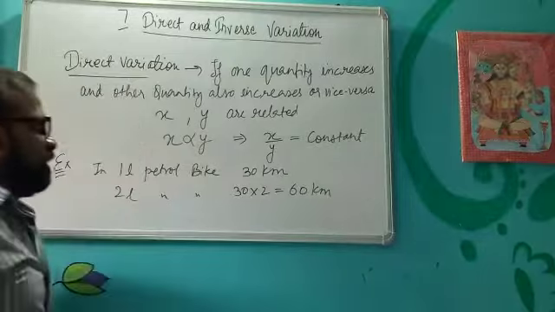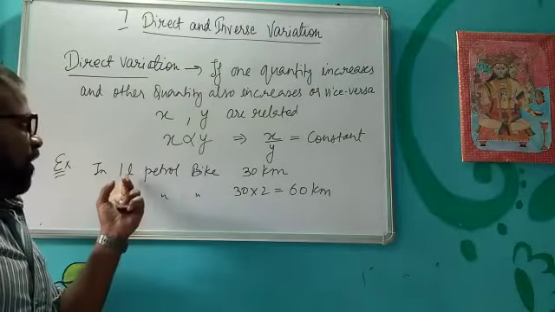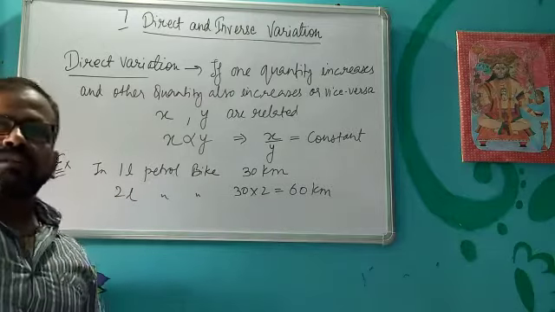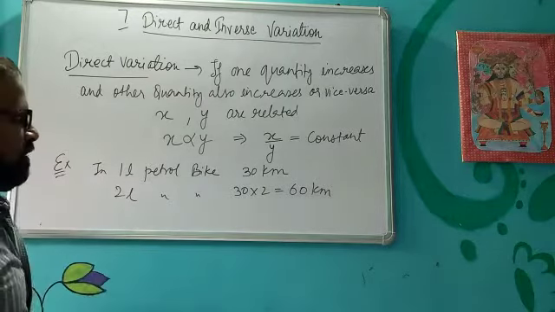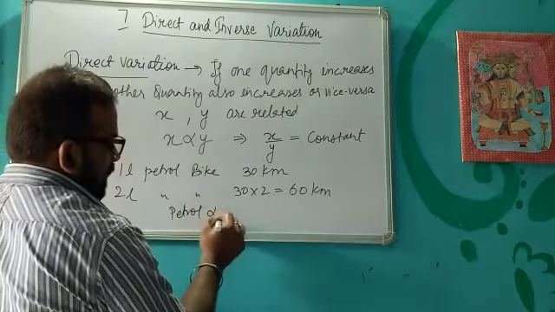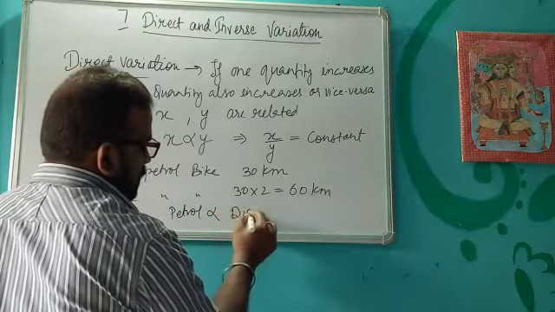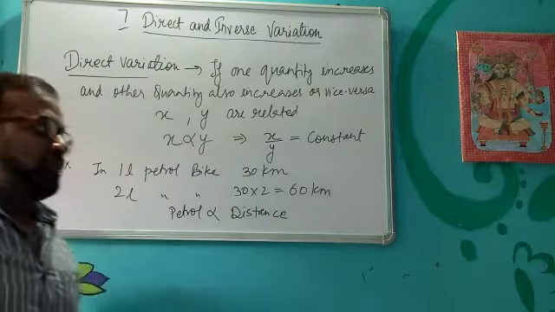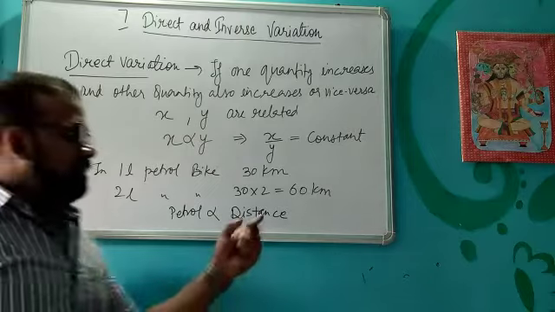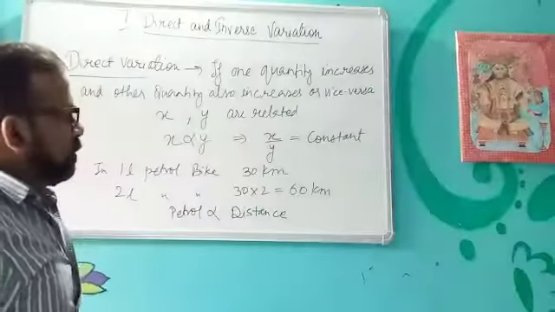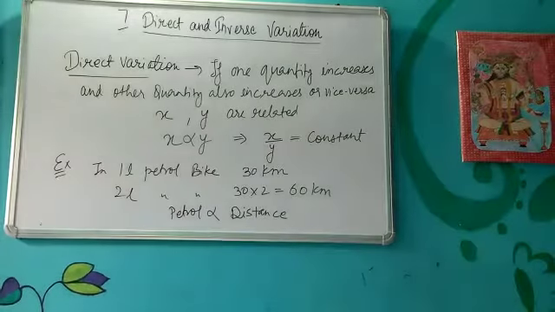So on increasing the petrol, the kilometers covered by the bike increases. So we can say that the liters of petrol is directly proportional to the distance covered. The more petrol you have, the more distance the bike will cover, or the less distance you cover, the less petrol will be used. So this is known as the direct variation.